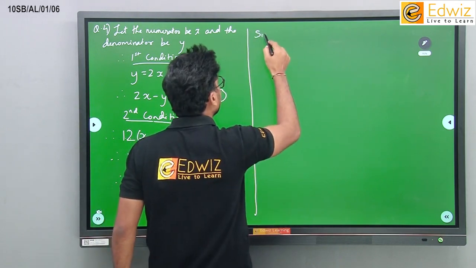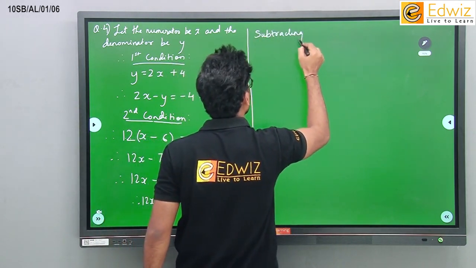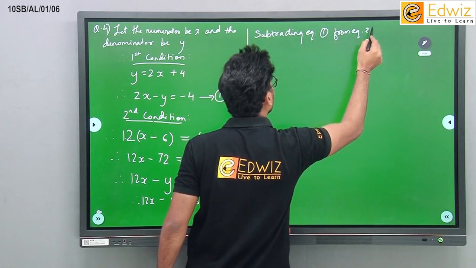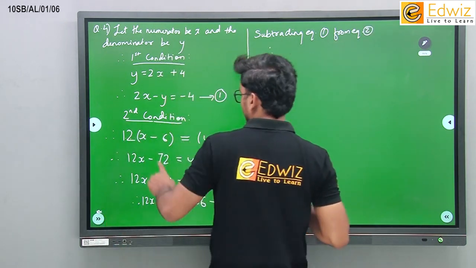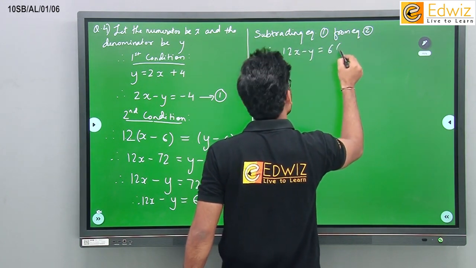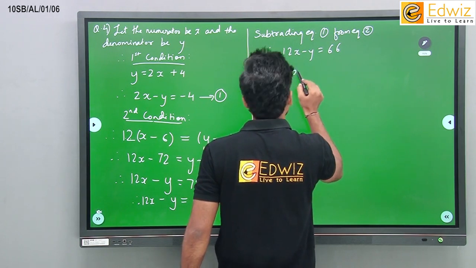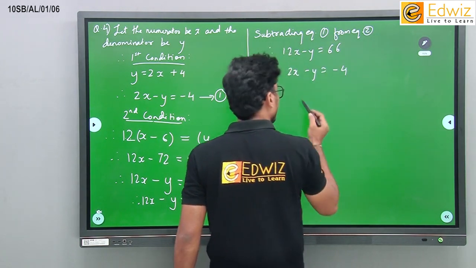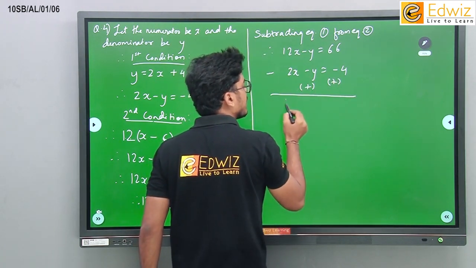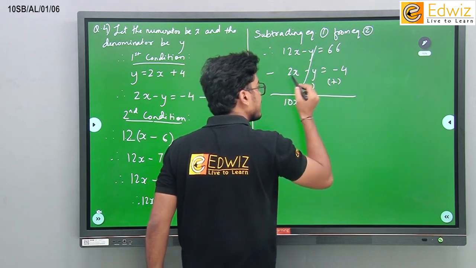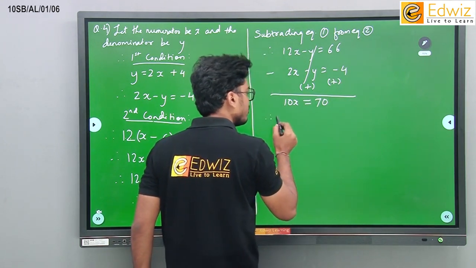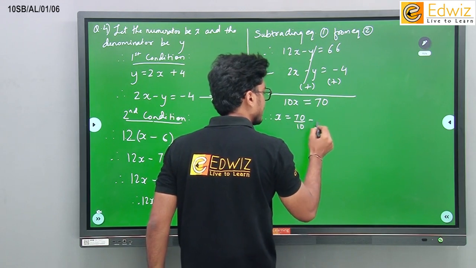So subtracting equation 1 from equation 2, therefore the equation number 2 is 12x minus y equal to 66, and equation number 1 is 2x minus y equal to -4. Obviously the signs will change now. So 12x minus 2x, it will become 10x, minus y plus y will get cancelled or eliminated. 66 plus 4 is 70. So the value of x here is 70 upon 10, that is 7.